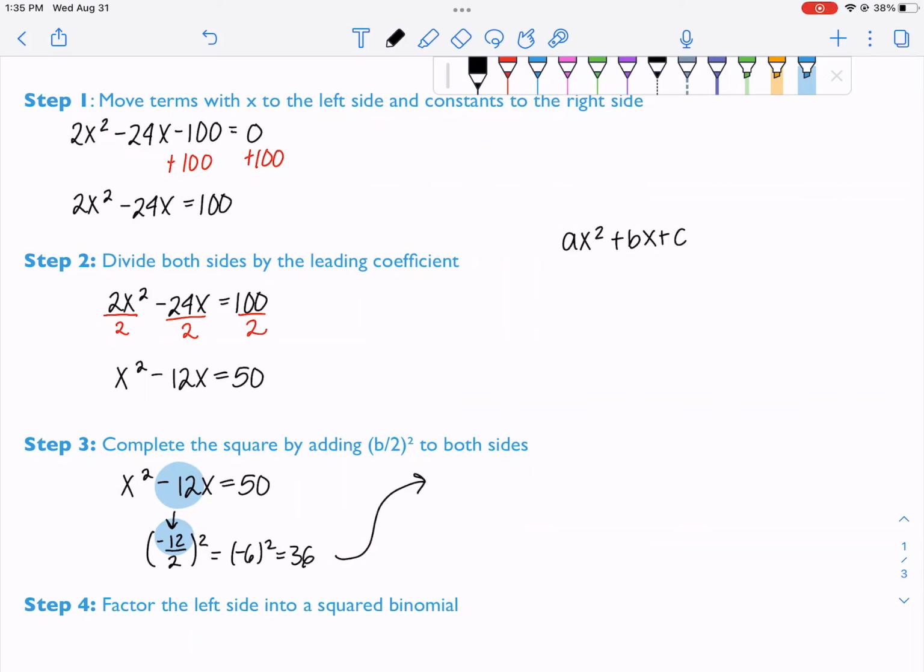Since we're adding it to both sides, I'll go ahead and write plus blank plus blank. And then I am taking this 36 and adding it to both sides.